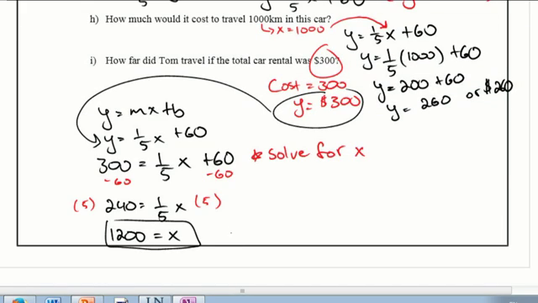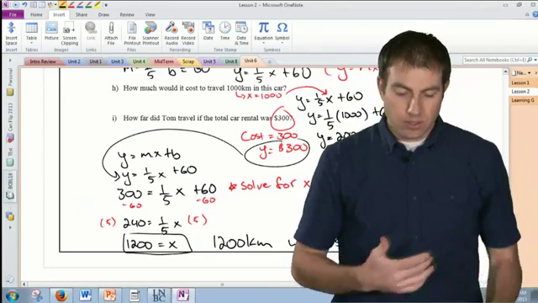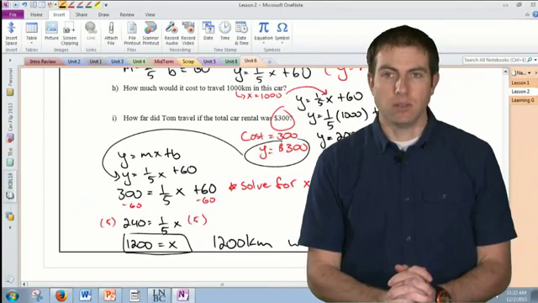And in this case, this 1,200 is 1,200 kilometers, which is going to cost $300. So there you have it. That is slope-intercept form in a nutshell.